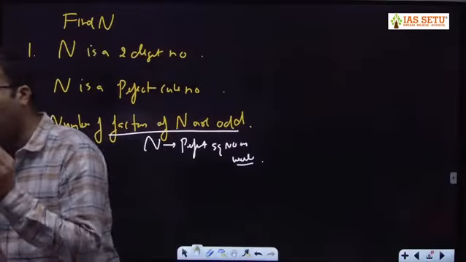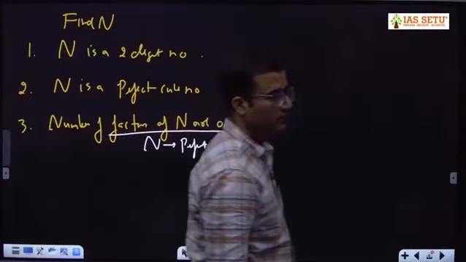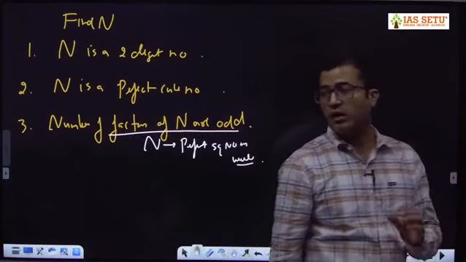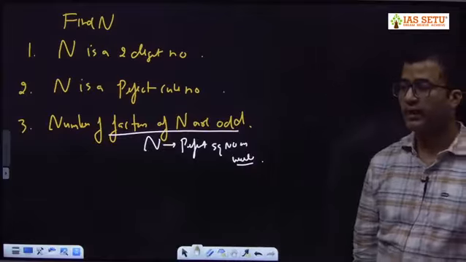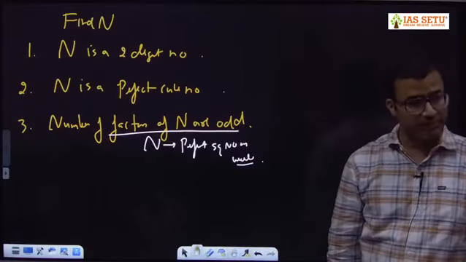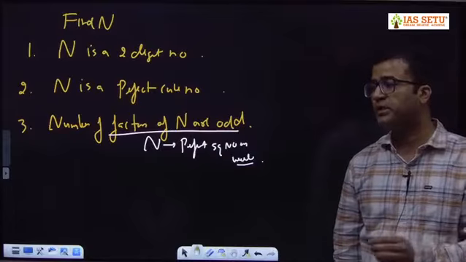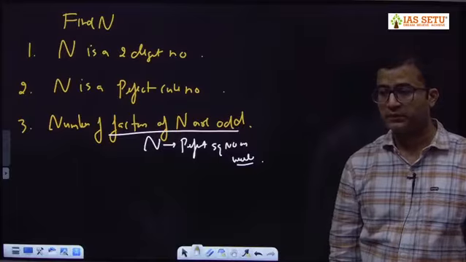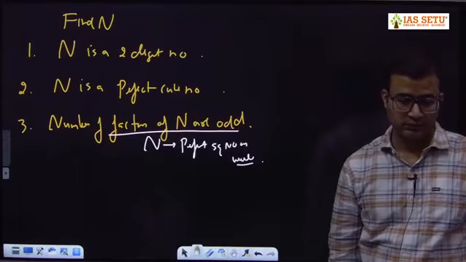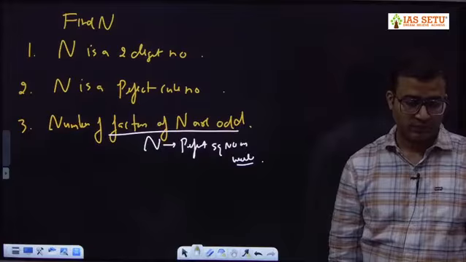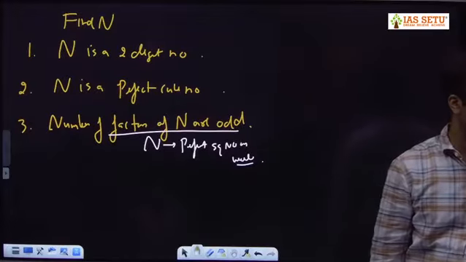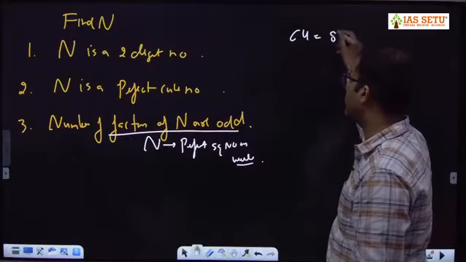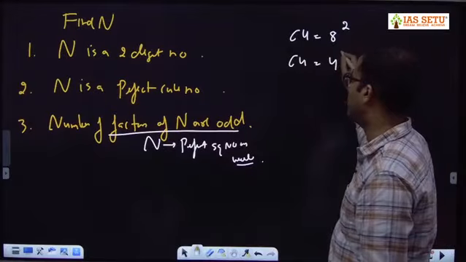64 is the only two-digit number which is a perfect square number as well as a perfect cube number. 64 is 8 square, 64 is 4 cube.